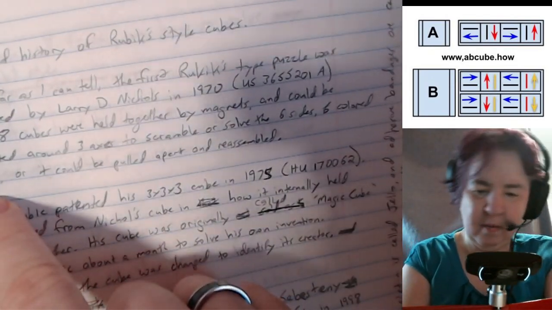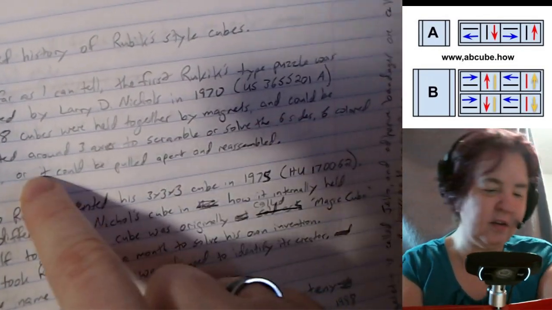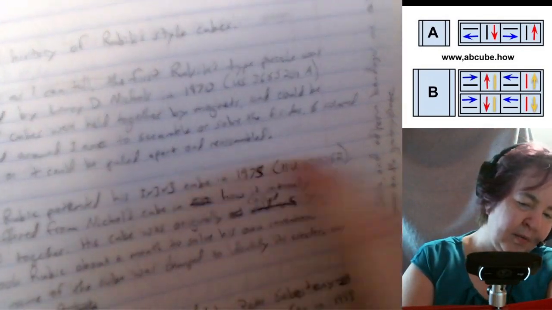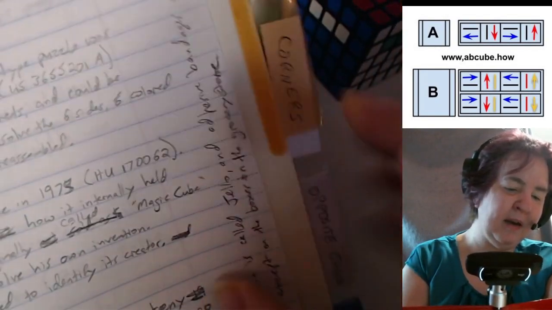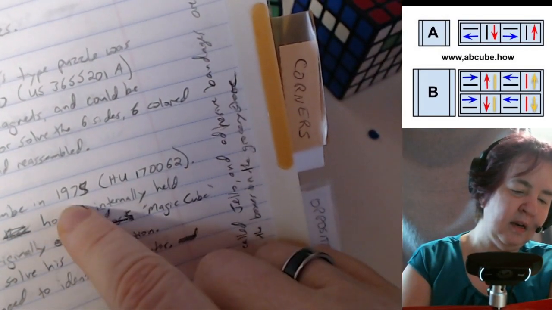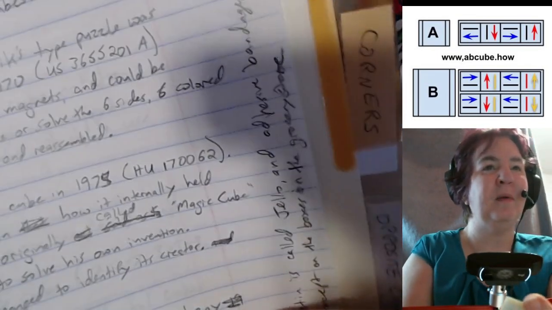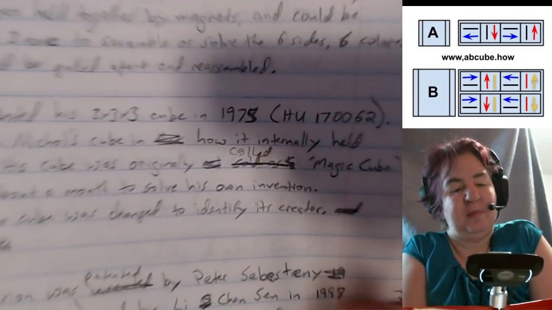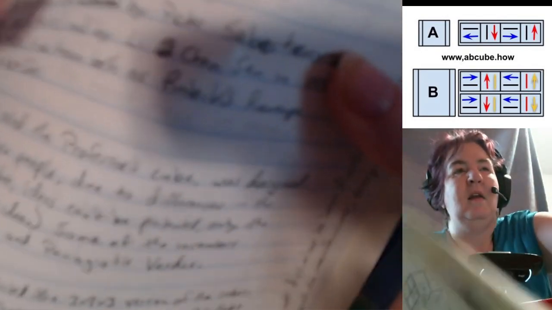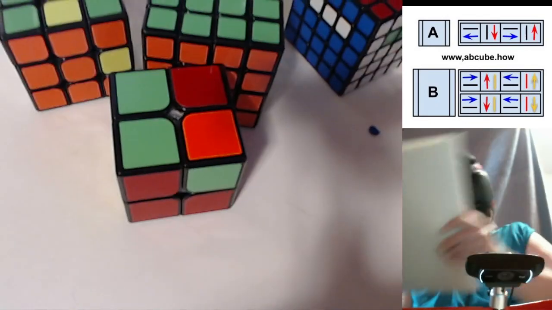It was a 6-sided, 6-colored cube, or it could be pulled apart and reassembled. And then Erno patented the 3x3 in 1975. So it was indeed 5 years before the Rubik's Cube was patented that the puzzle had already been patented.